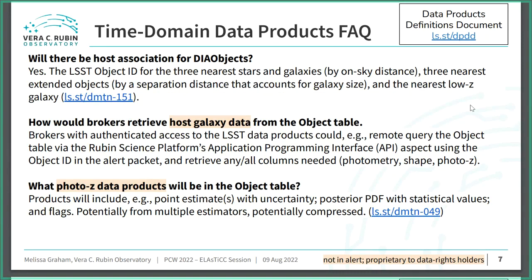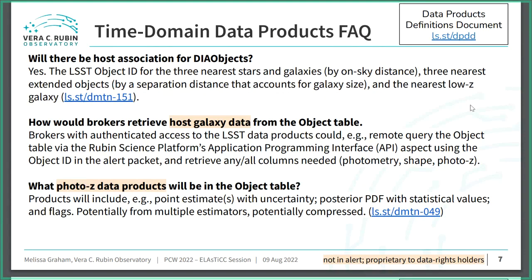It's still to be determined exactly which association code we use to do that distance. And then also the nearest low redshift galaxy. We'll have a list of low redshift galaxies, and they'll always have the nearest one in it, just in case it's a low redshift transient.